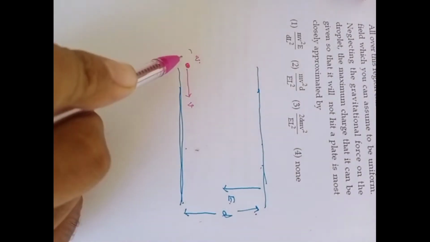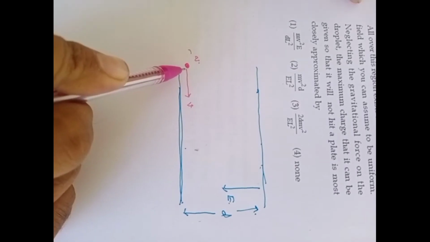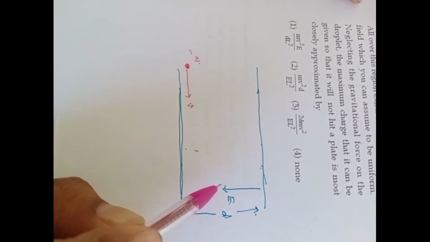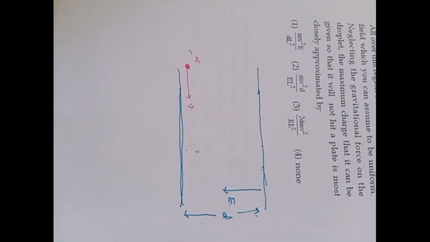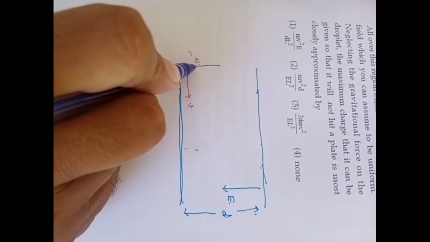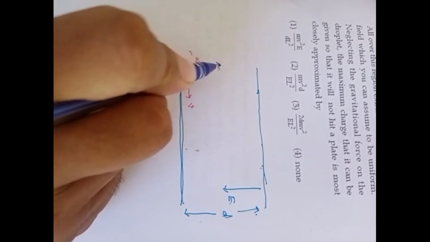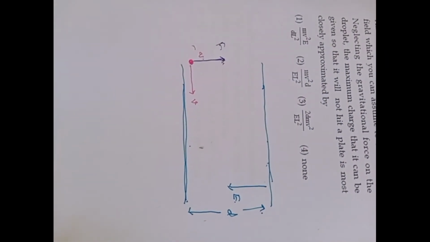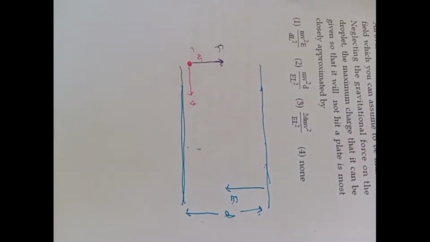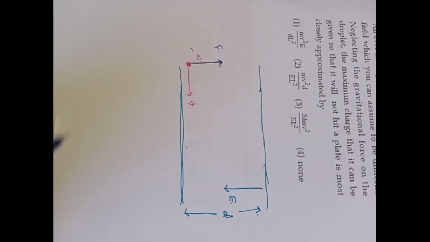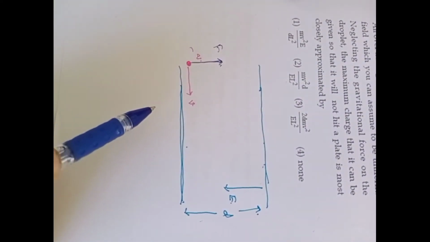What will happen? Actually this particle is going straight, but the electric field is there. This electric field will apply a force opposite to the direction of the field because it is a negatively charged particle. If it is a positively charged particle, the force will be in the same direction. But it is negatively charged, so the force will be in the opposite direction.